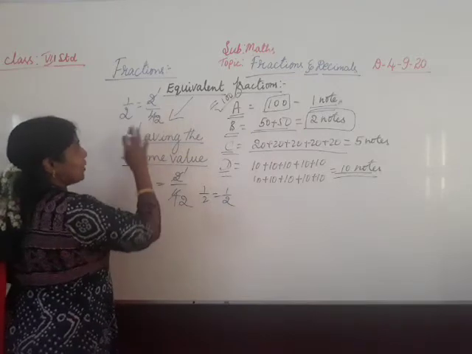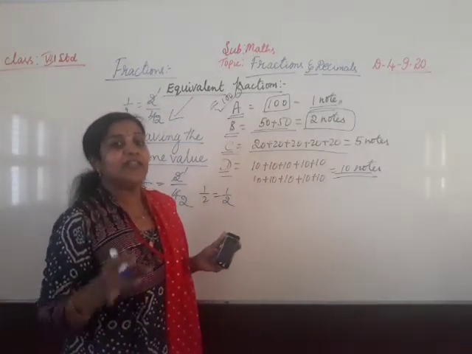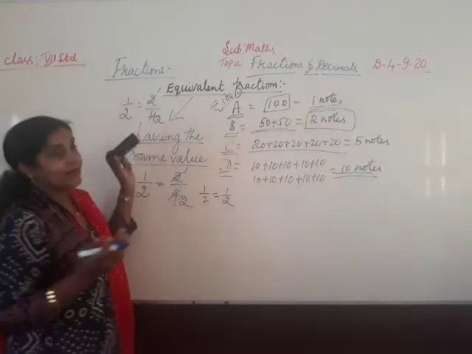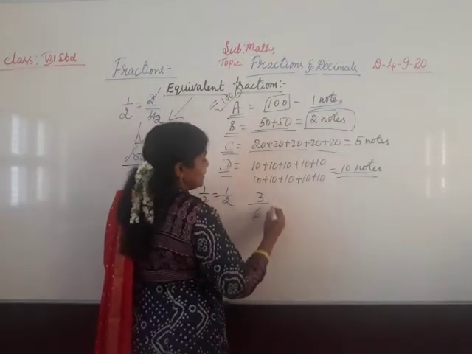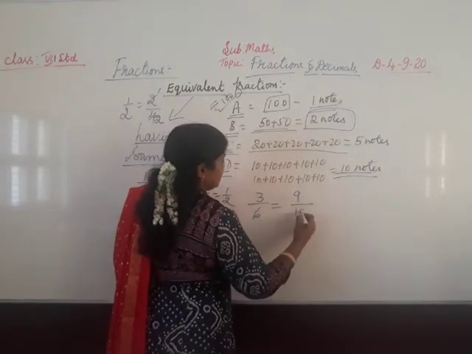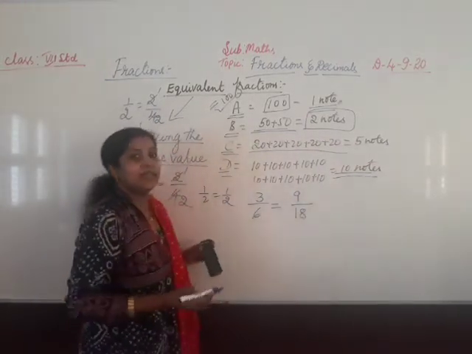If we look, we cannot make out both are same, but if we simplify the fraction, dividing both numerator and denominator by the same number, we will get the same value. For example, one more: 3 by 6 is equal to 9 by 18. I am telling 3 by 6 is equivalent to 9 by 18.